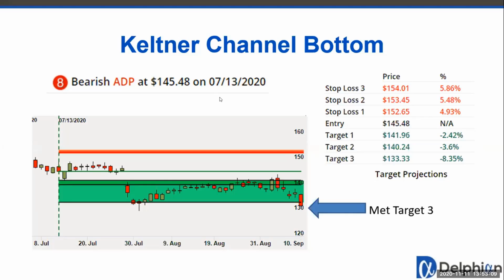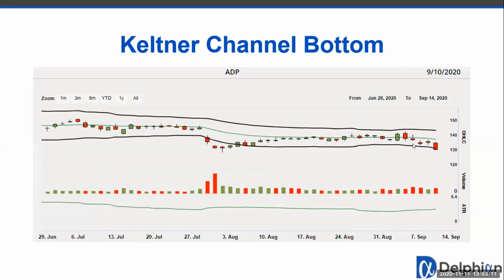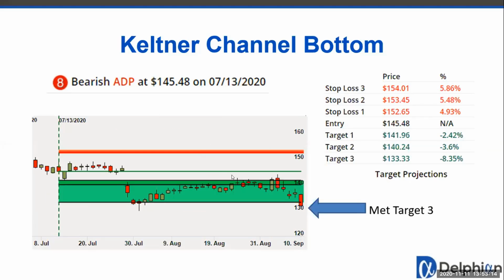So that was the Keltner cross below here, and then here it had met target 3 a while back. So anytime during this range it crossed below the Keltner would have been a signal. It didn't do it until it hit that target 3 again.